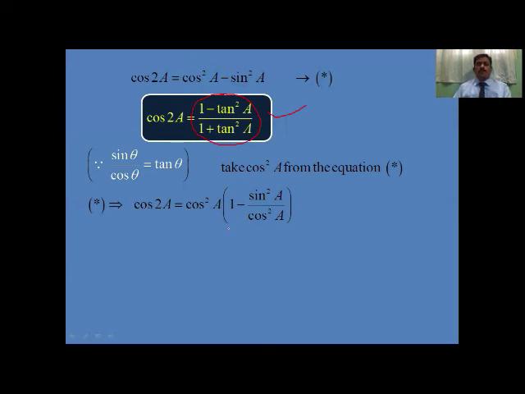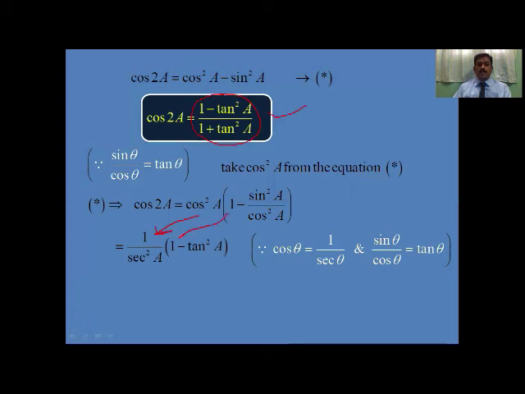We know that cos theta equal to 1 by secant theta by reciprocal ratio, and sin theta by cos theta equal to tan. Applying this, we can write this step as: cos square can be written as 1 by secant square, this 1 we write as it is, and this sin square by cos square can be written as tan square.